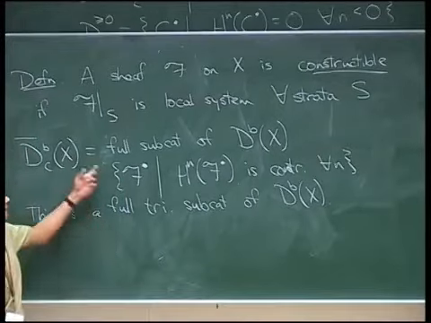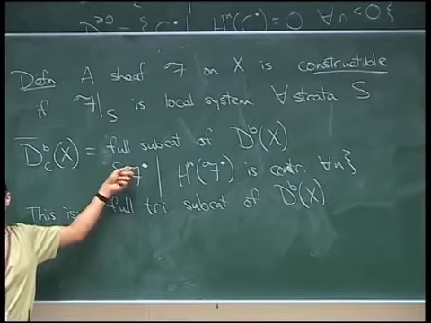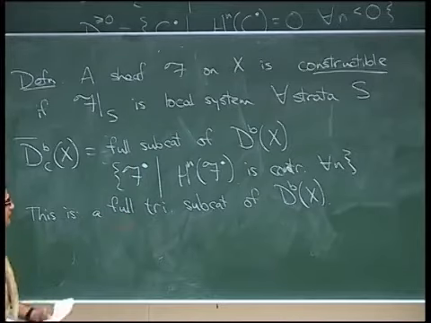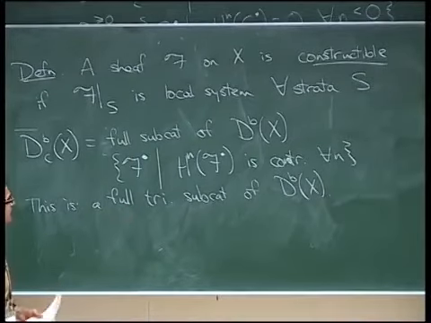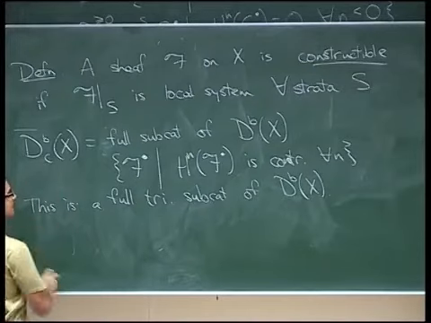The content here is, of course, you can take any collection of objects and talk about the full subcategory made up of those objects. But to say this is triangulated means that you need to be able to form distinguished triangles inside the smaller subcategory.